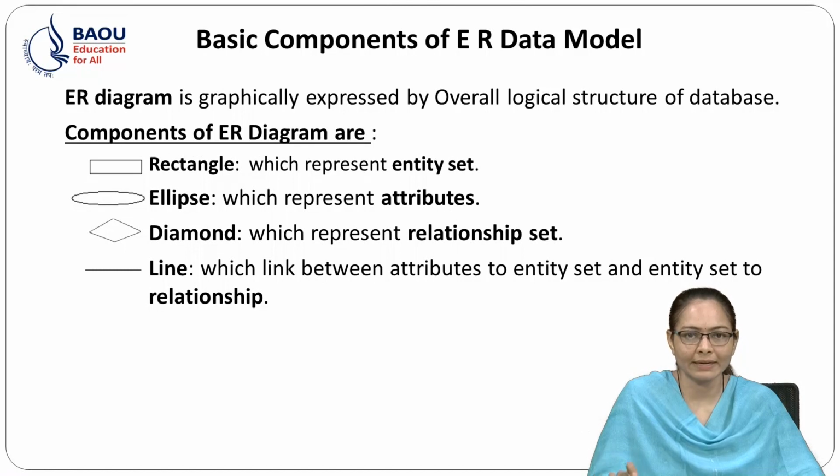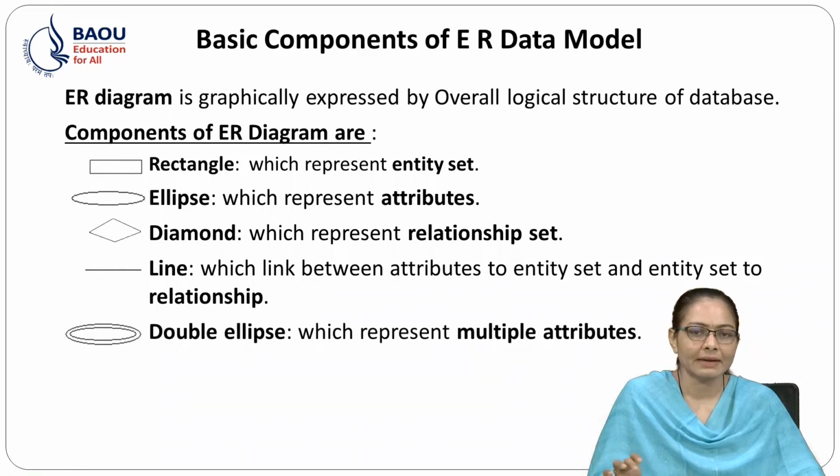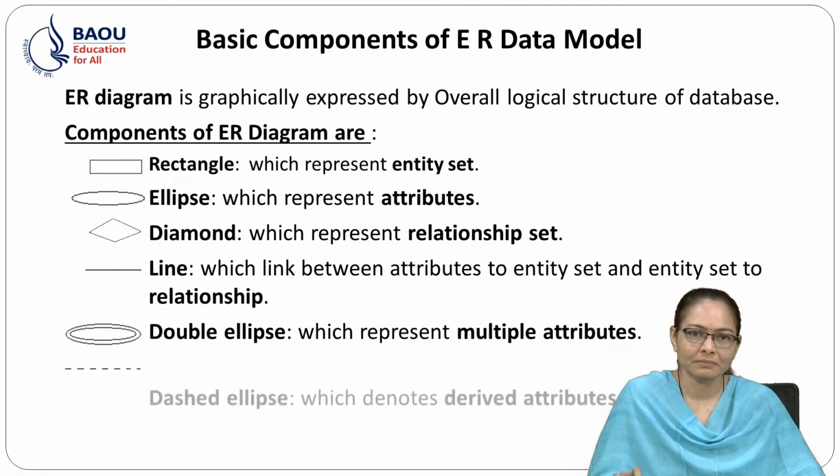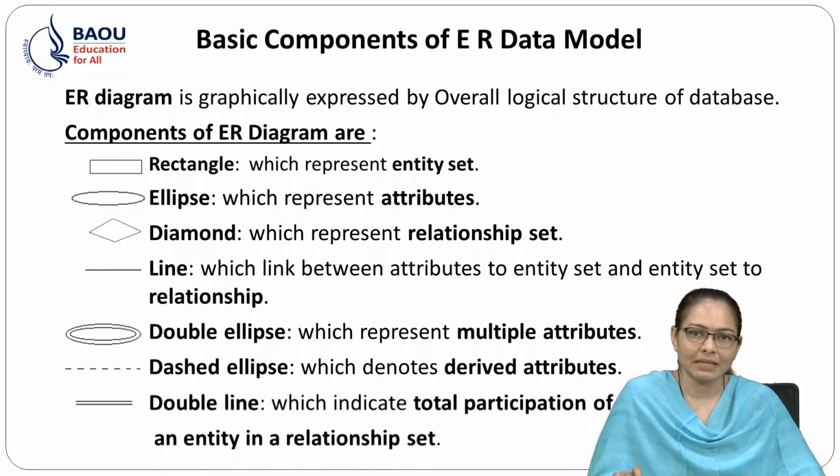A double ellipse represents multivalued attributes. A dashed ellipse represents derived attributes, and a double line between the entity set and the relationship represents total participation.